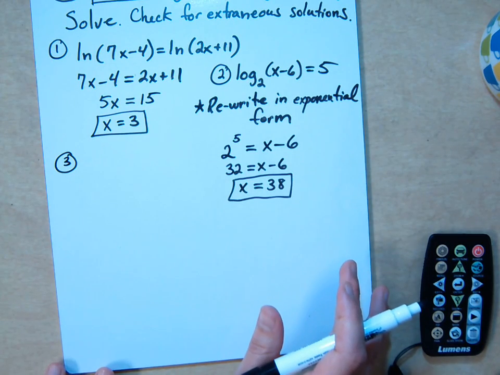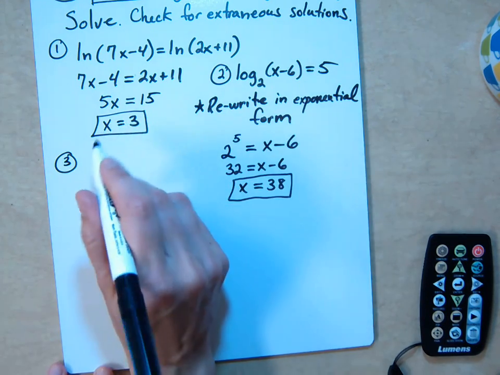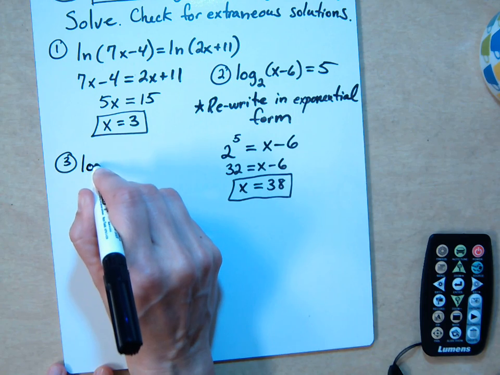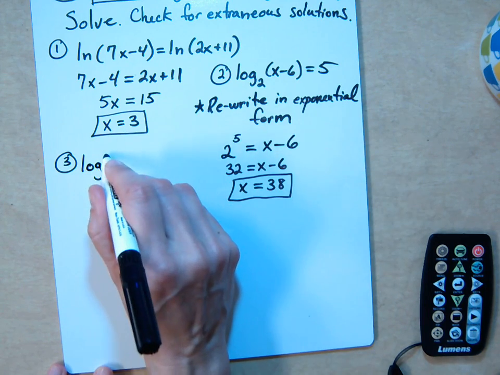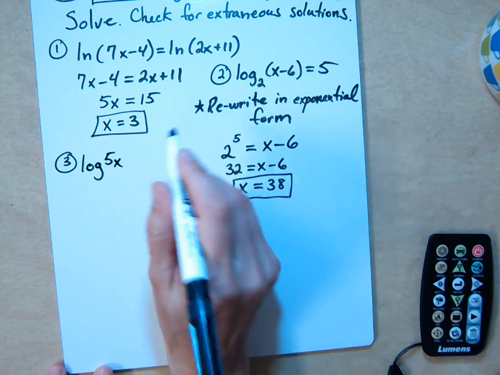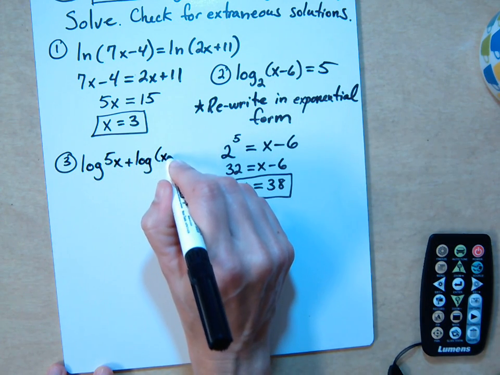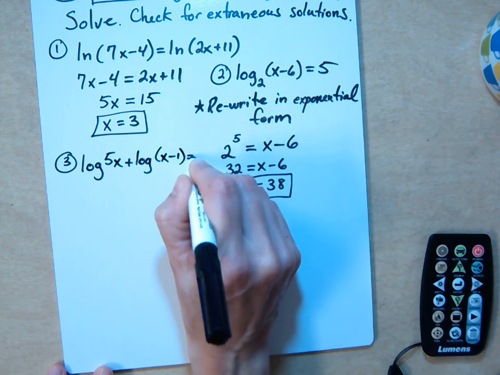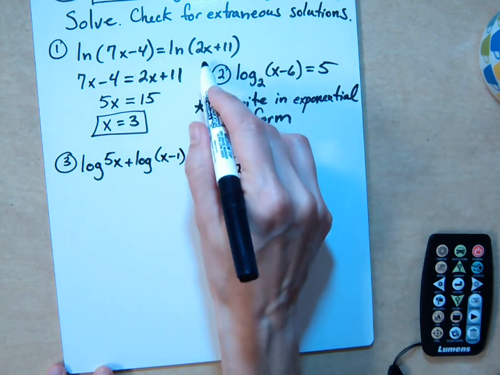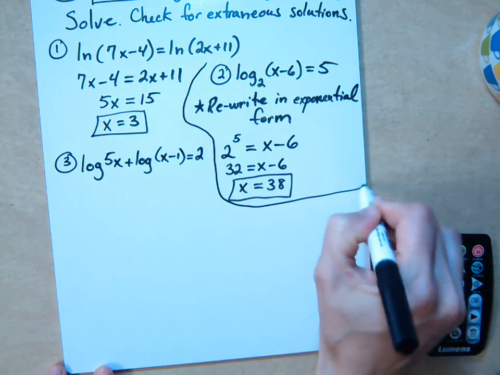Okay, stepping it up a level, getting a little bit more difficult. Are there any questions so far? Okay, let's try this. Now let's use our expand and condense skills. Log of 5x plus log of x minus 1 equals 2. Let me just separate this out.